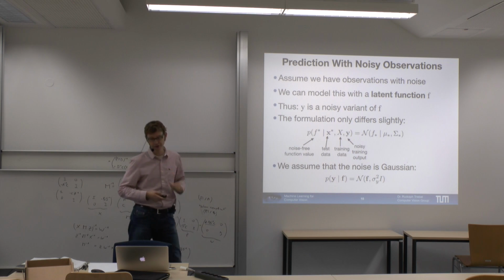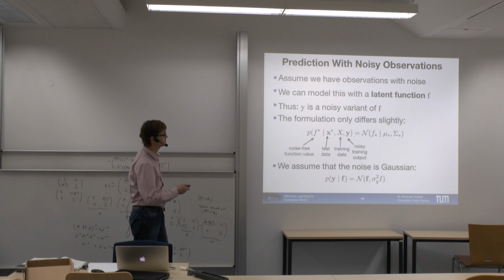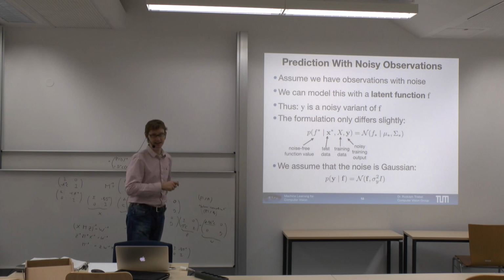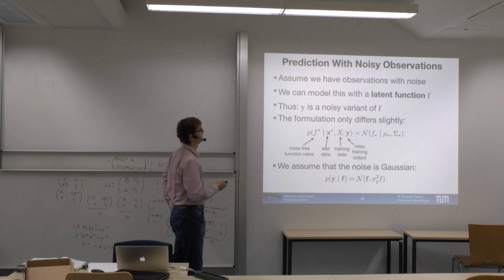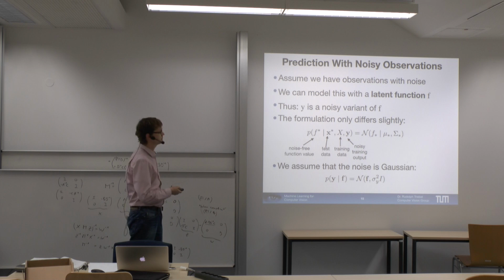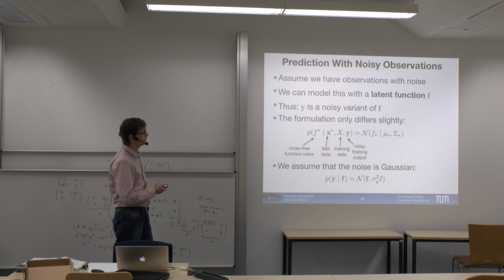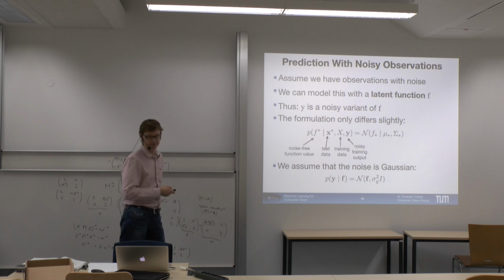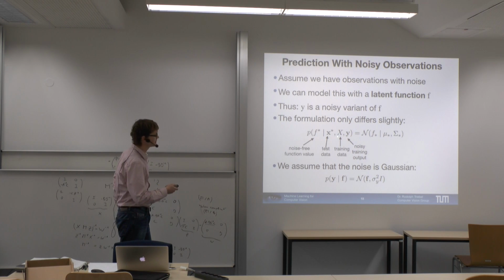Usually we have to assume some noisy observations, and it turns out that the formulation is then only very slightly different. There's not much difference here, as long as we assume that the noise is Gaussian. So what we do here is we introduce so-called latent functions f, and now the whole formulation is in terms of f. So now we have given noisy training outputs, given training data, right?